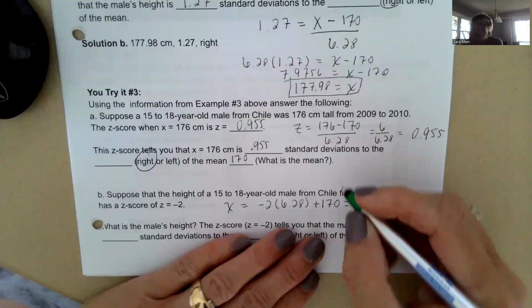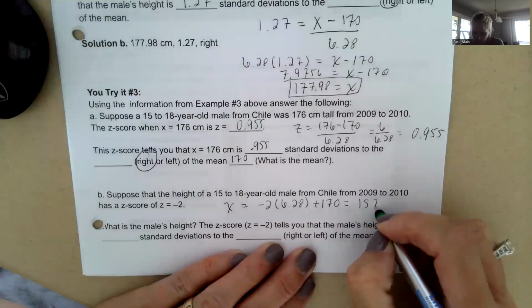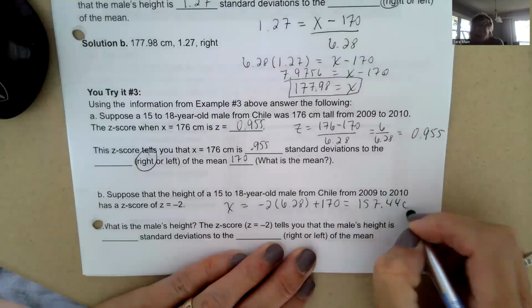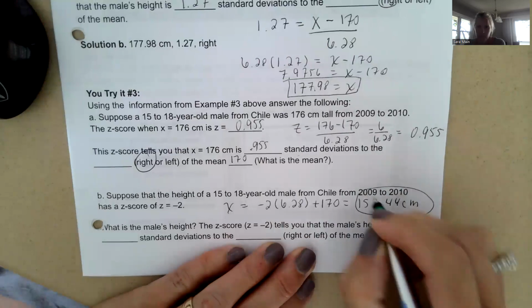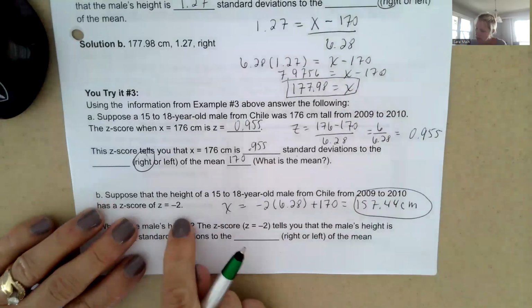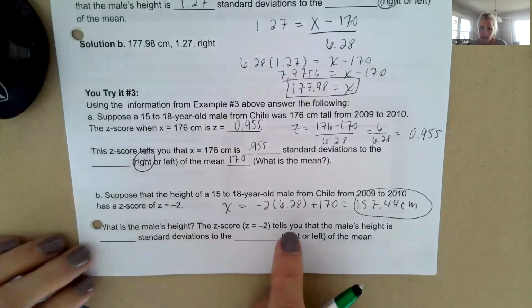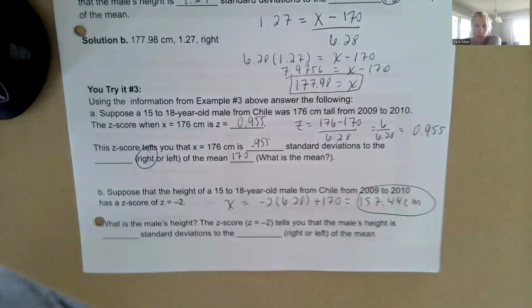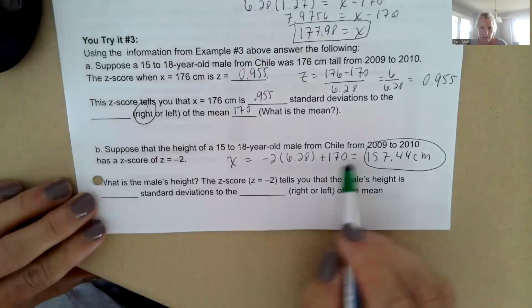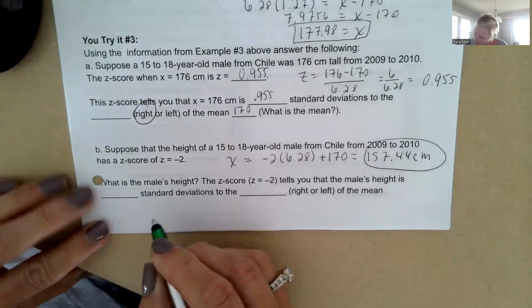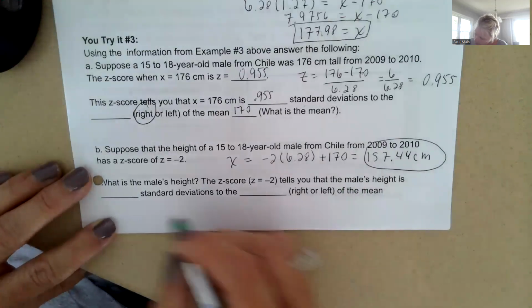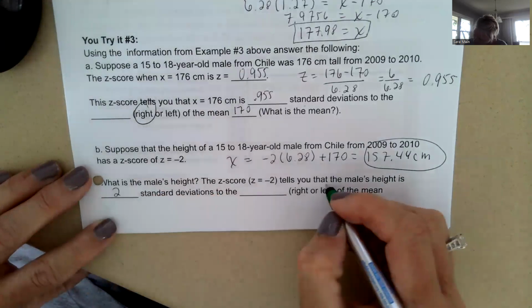That comes out to be 157.44 centimeters. Because it's a negative 2, we know that they were underneath the mean. 157.44 centimeters is 2 standard deviations to the left.